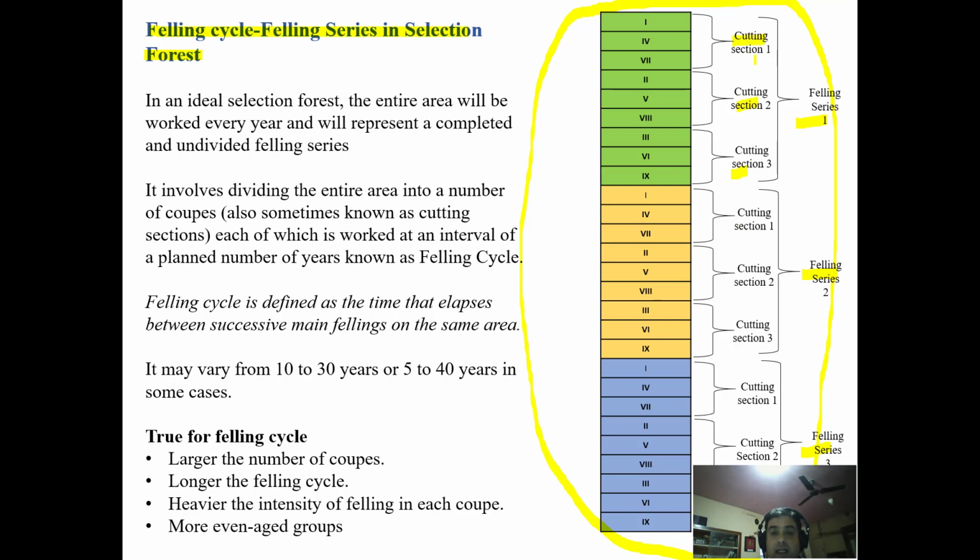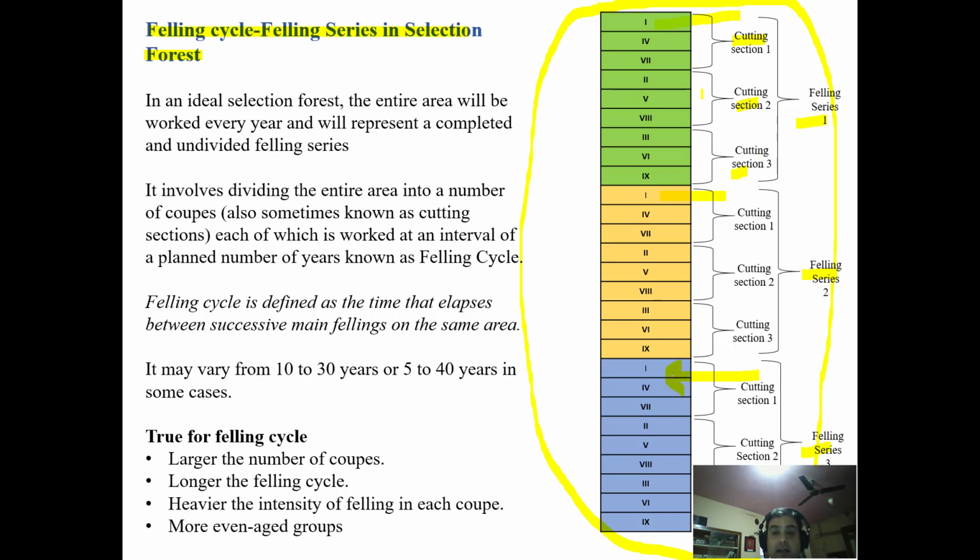So practically in the first year, felling series 1 will have felling in cutting section 1 and Coop 1. Likewise, felling series 2 will have felling in cutting section 1 and Coop 1, and likewise in felling series 3.